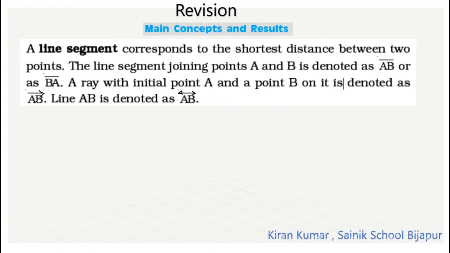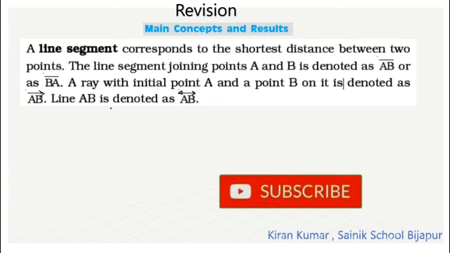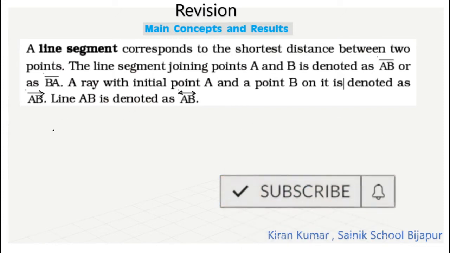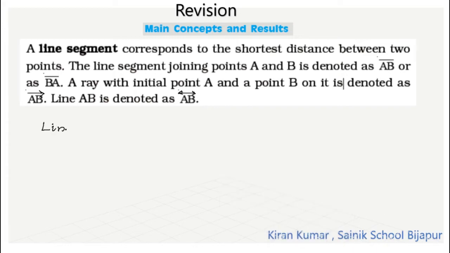We have also learned the differences between a line segment, a line and the ray. First, let me mention here line segment, a ray and a line. A line segment has got a fixed length.